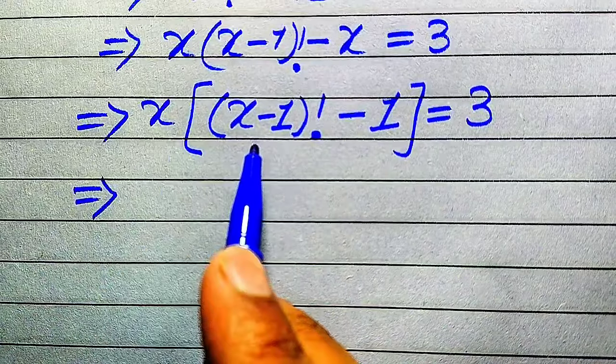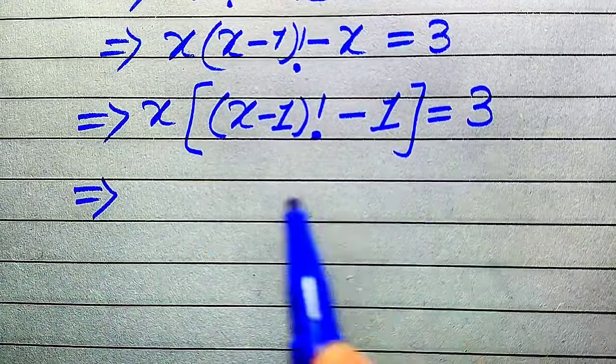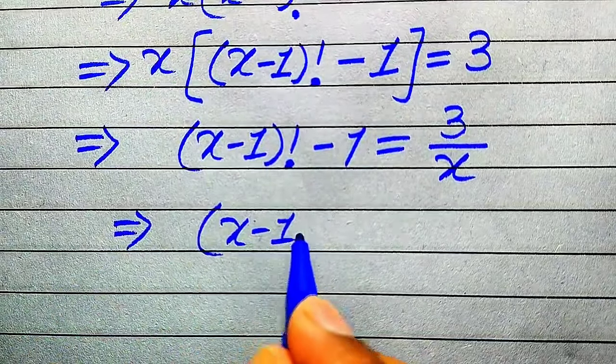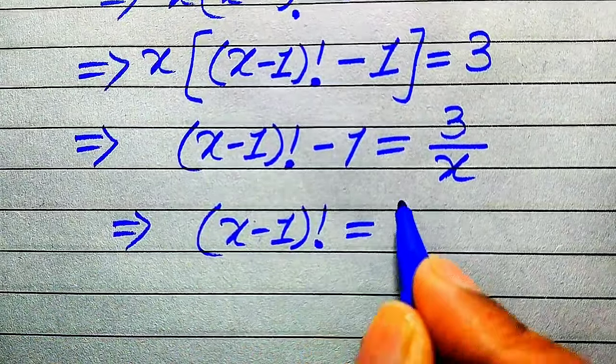It is multiplied by x, so when we move it to the right hand side it is divided, and we get x minus 1 factorial minus 1 equals 3 divided by x. Further we move this minus 1 to the right hand side, and it becomes x minus 1 factorial equals 3 divided by x plus 1.